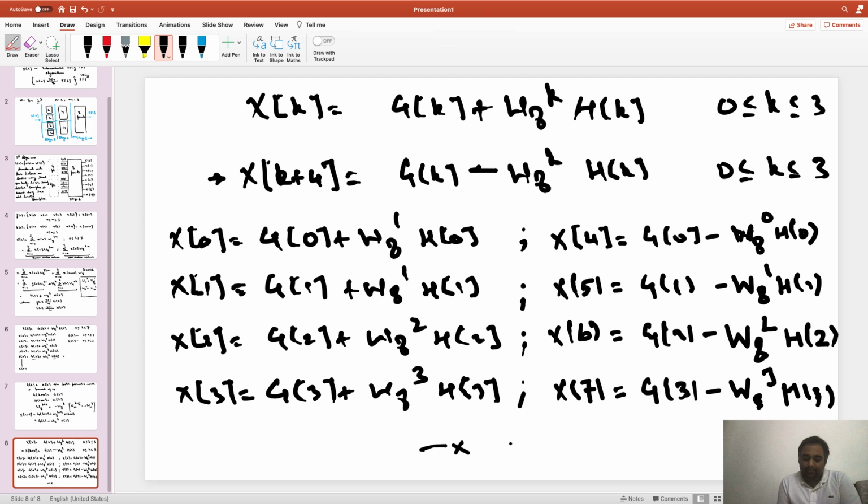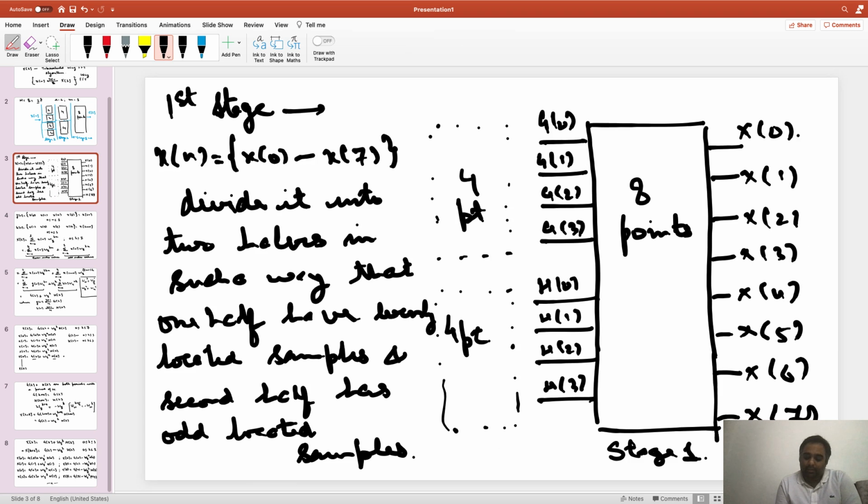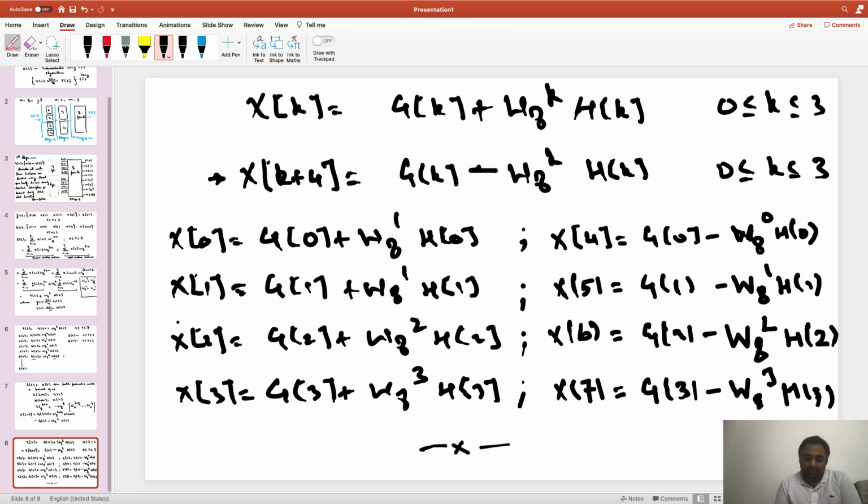And over here what we have done, if you see, we have found out the values of capital X0 to capital X7 in terms of G0 to G3 and H0 to H3 by exploiting the periodicity property of capital G and capital H and some properties of the twiddle factor. Alright, thank you.